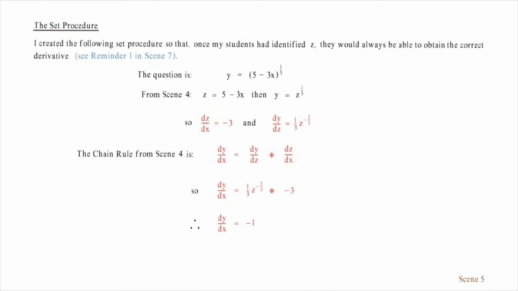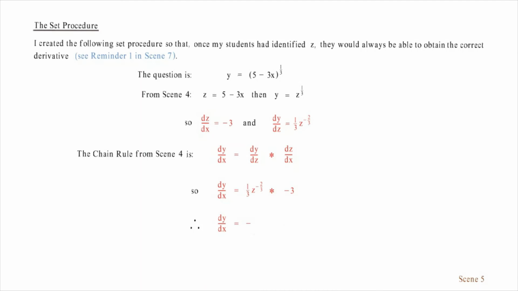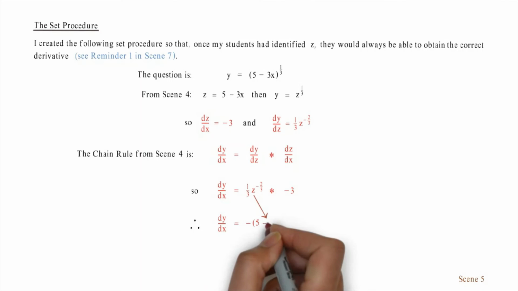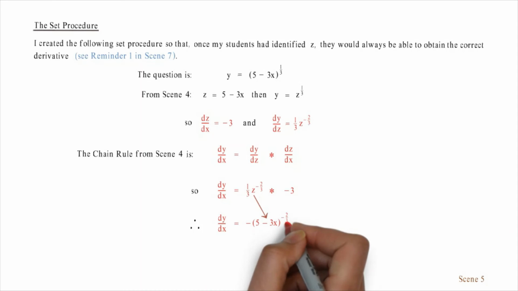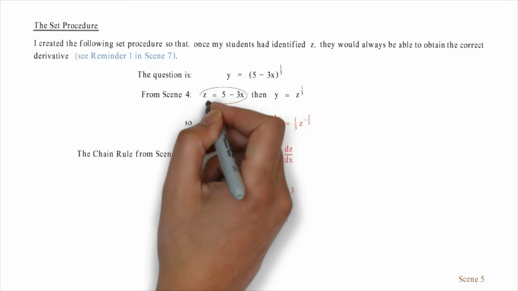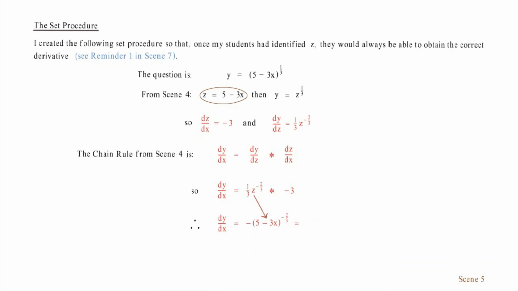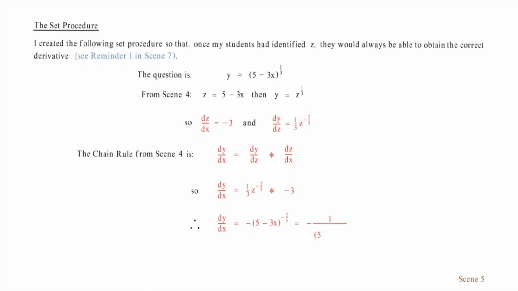Now replace minus 1 with minus, then replace z to the minus 2/3 with (5 minus 3x) to the minus 2/3, because z equals 5 minus 3x, which equals minus 1 divided by (5 minus 3x) to the 2/3.